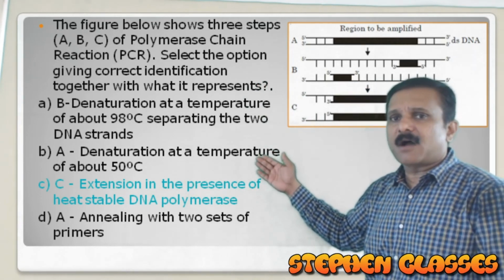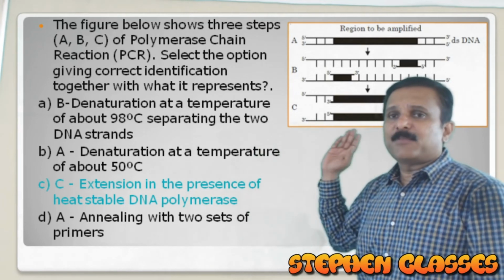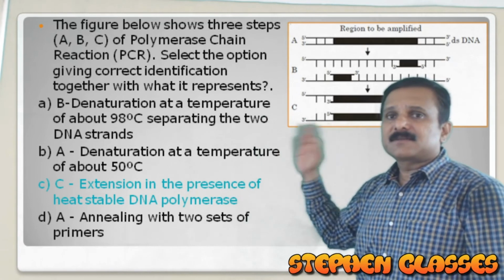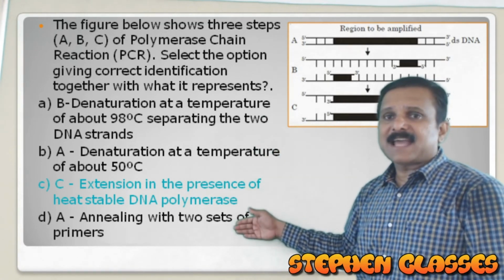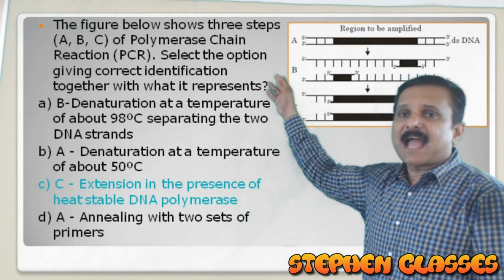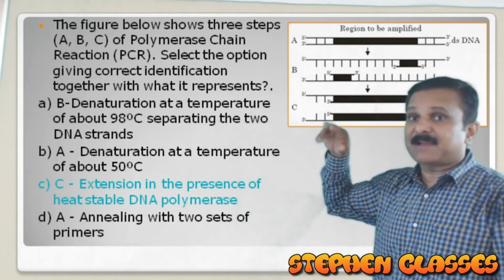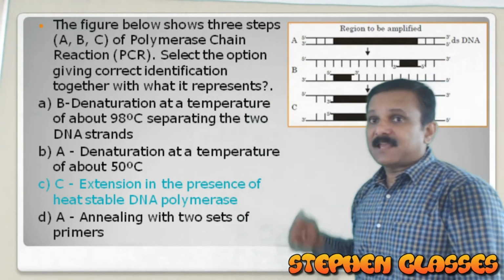So this is also wrong. So this is the correct matching of label portion with its correct identification. Now labeled as A, annealing with the 2 sets of primers. No, labeled as B will be the annealing, primer annealing. So D is also wrong. Our answer is option C.